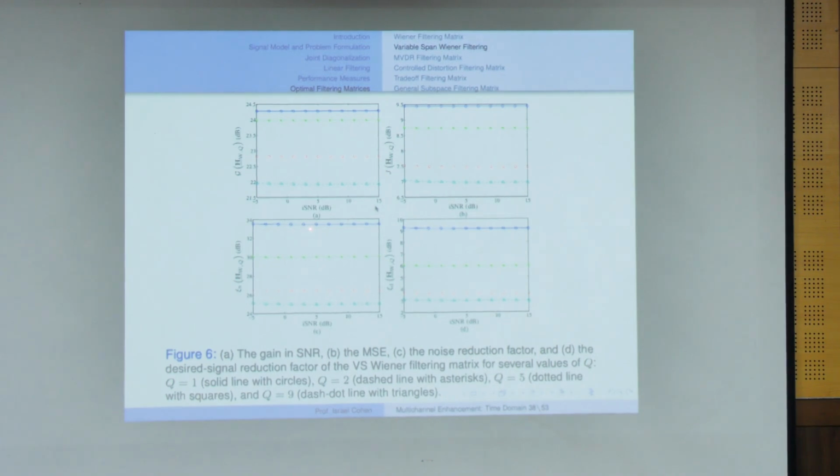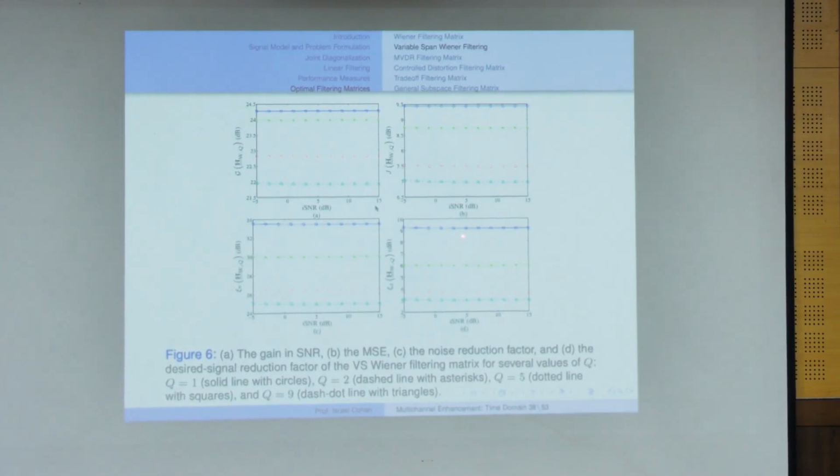So you see when you increase Q, you decrease less noise because you increase the dimension of the signal that you keep. So you decrease less noise. So the noise reduction factor decreases. And also the output SNR decreases.